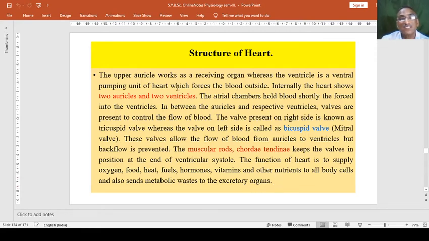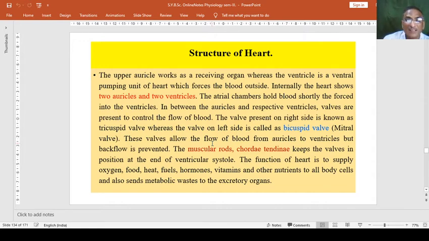So this is about the structure of the heart, their auricles, their ventricles, their thick walls, thin walls, then attachment of the walls to the muscles through the chordae tendineae, or we can say a bundle of muscles called chordae tendineae.